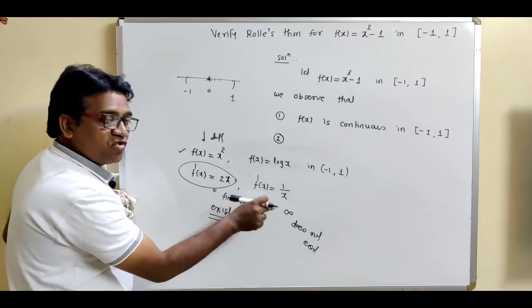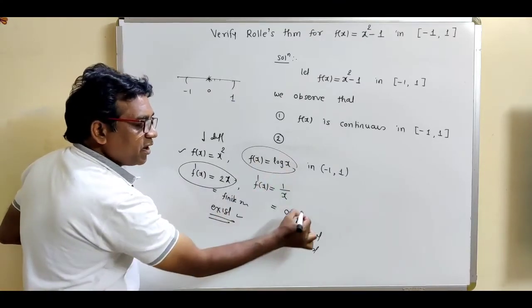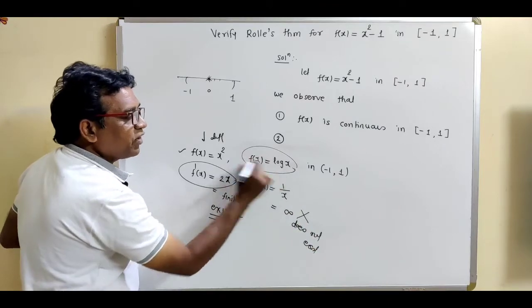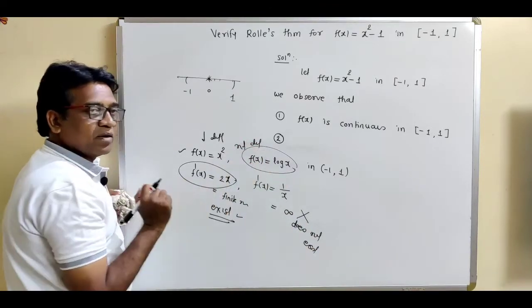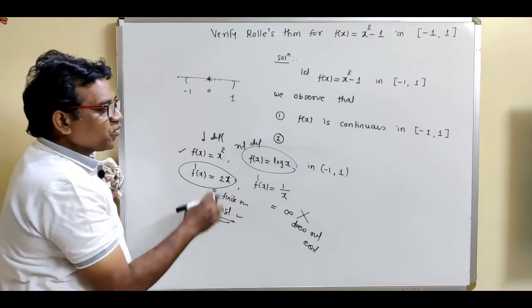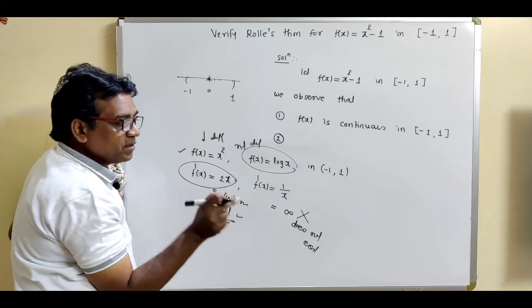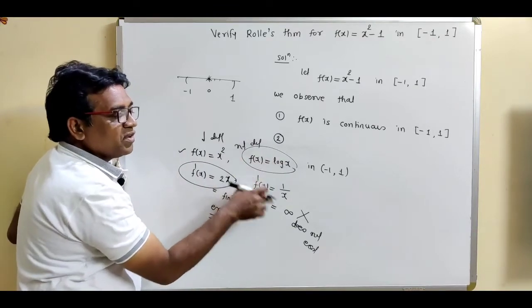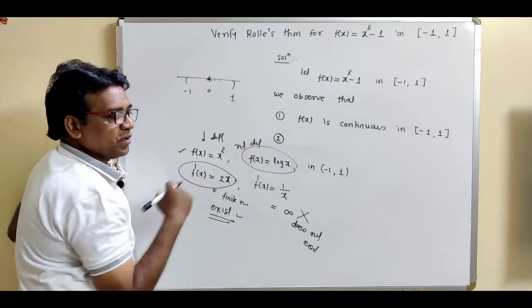Here the derivative does not exist. So if the derivative of a function does not exist, then that function is not differentiable in that interval. So f(x) equal to x square is differentiable in the interval minus 1 to plus 1, but f(x) equal to log x is not differentiable in the same interval minus 1 to plus 1.